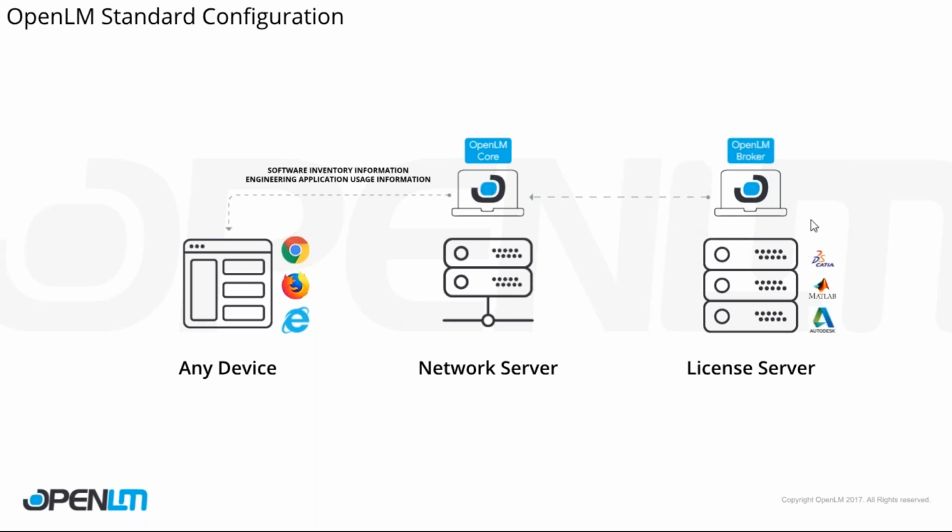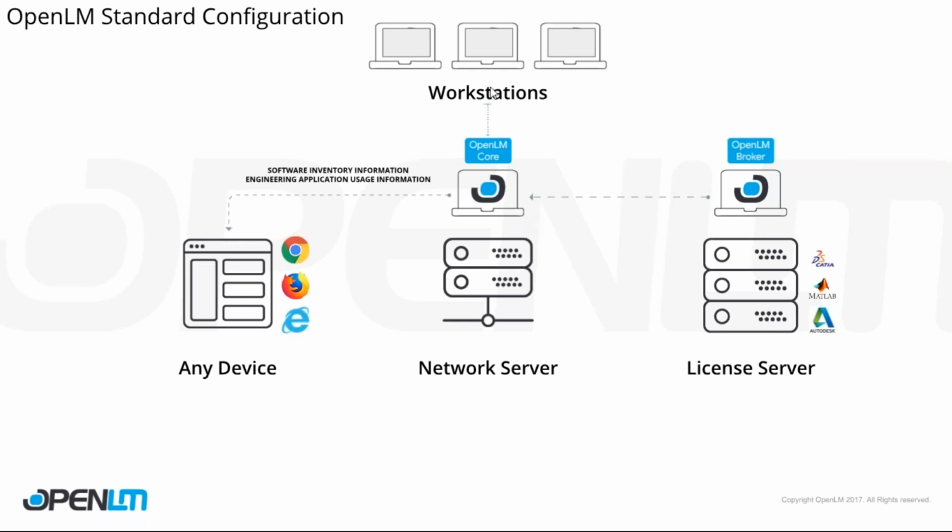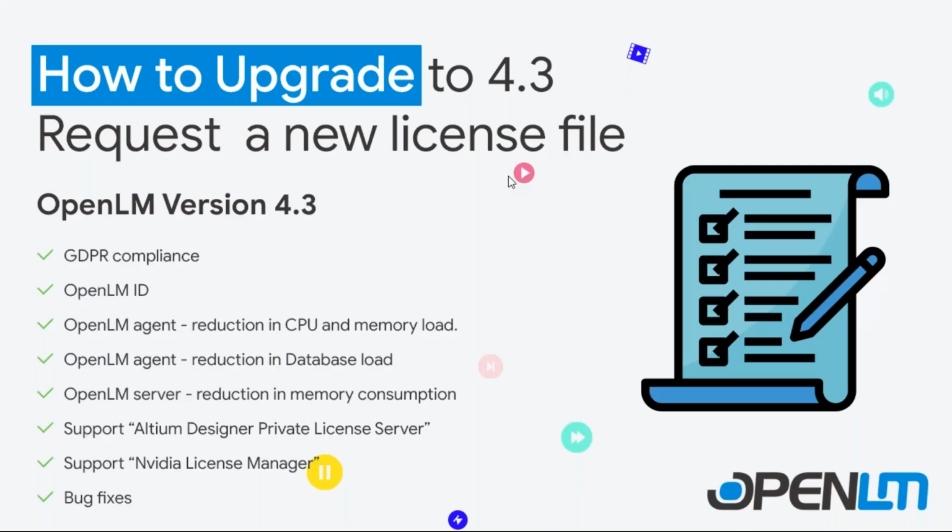So we got the OpenLM Broker on the license server, OpenLM core in a central place, and we got the workstations as well. As you can see right here, the workstations connect to the OpenLM core with the core product, but if you are using an extension like the app manager, it will go through the app manager. But I'm going to keep everything core product for now.